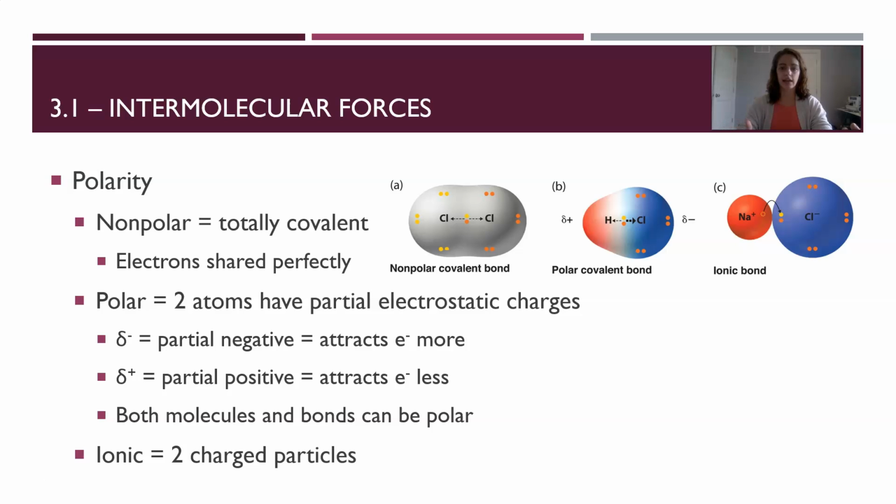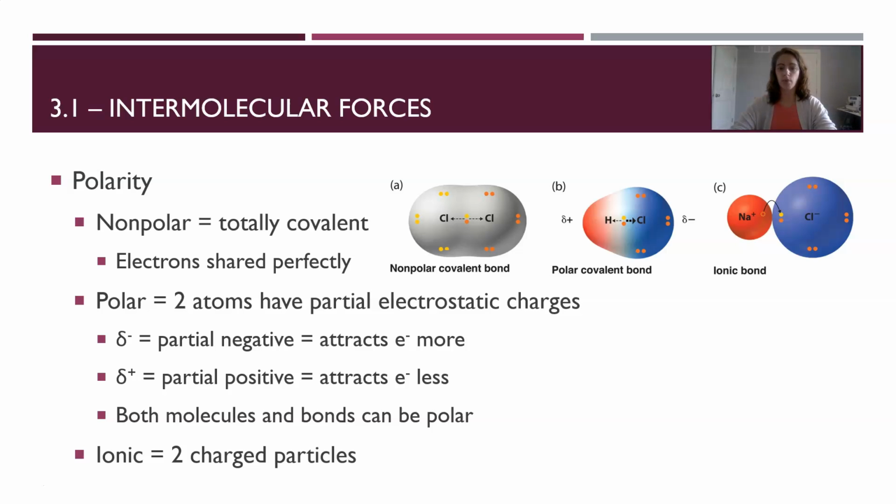The side that attracts the electrons more is going to be partially negative because the electron density is shifting towards that side. The side that doesn't pull on the electrons as much has a slight or partial positive charge. We show partial positive and negative charges with a lowercase delta with a superscript of the minus or the plus.